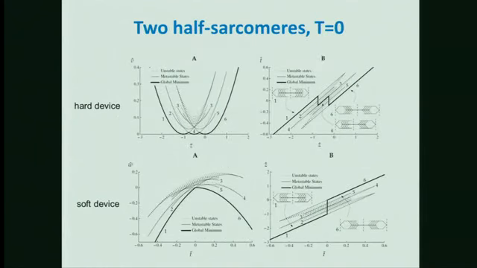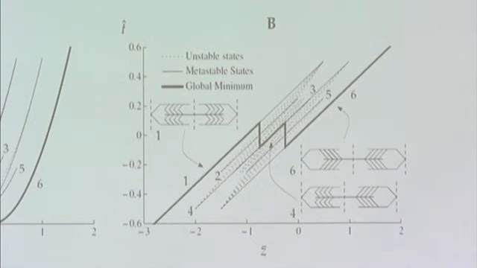All right, so now let's try to build out of these units a material or a kind of a network. For instance, what we've been thinking about so far was the one single so-called half sarcomere, the unit that Huxley and Simmons modeled by n elements in parallel. Now, if we start putting, for instance, two half sarcomeres together at zero temperature, you start to see these non-affine states.